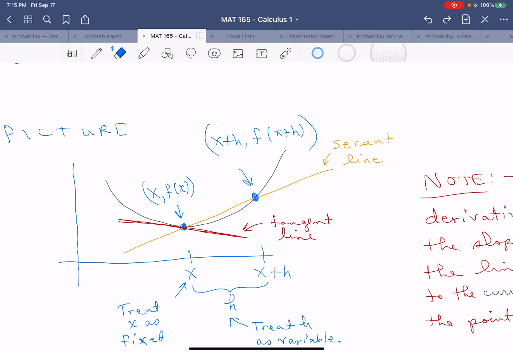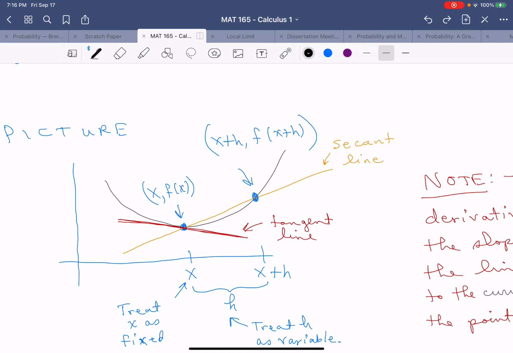And then also we're going to look at the point on the curve when we're at x plus h. So x plus h would be the x coordinate, and f of x plus h is the y coordinate. This orange line is the secant line, the line that joins those 2 points.